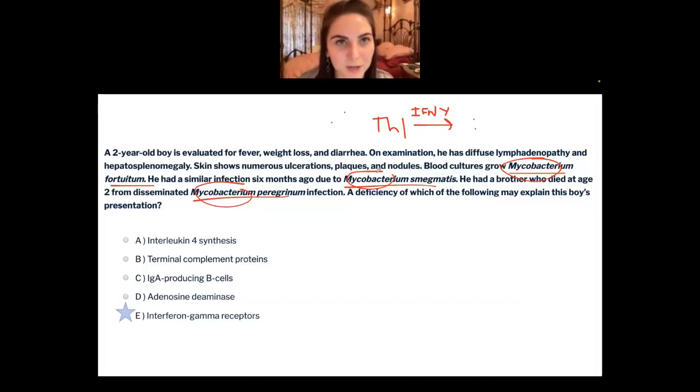This is something you'll learn this summer with micro, but you can't even do a gram stain on mycobacterium because it doesn't have peptidoglycan. It doesn't have the normal bacterial cell wall. You have to do a certain type of stain called the acid fast stain.